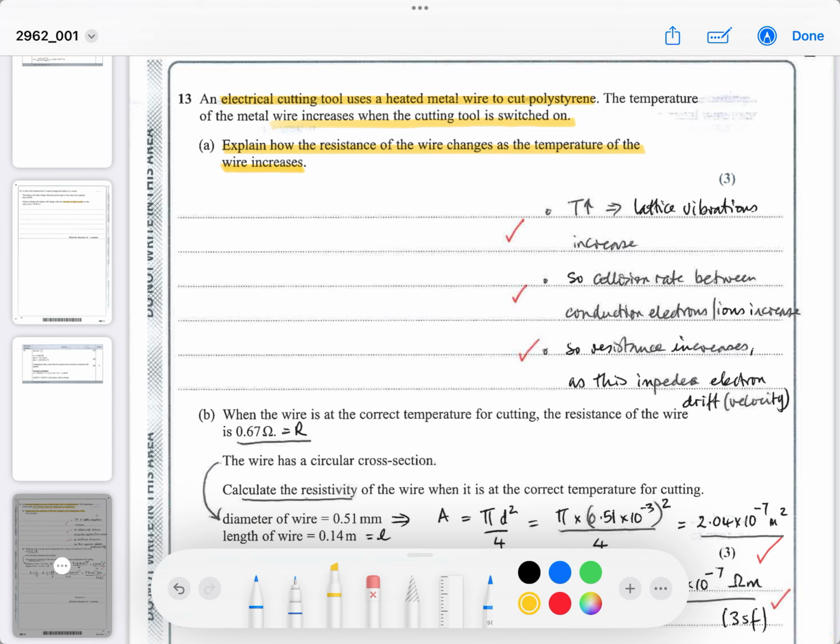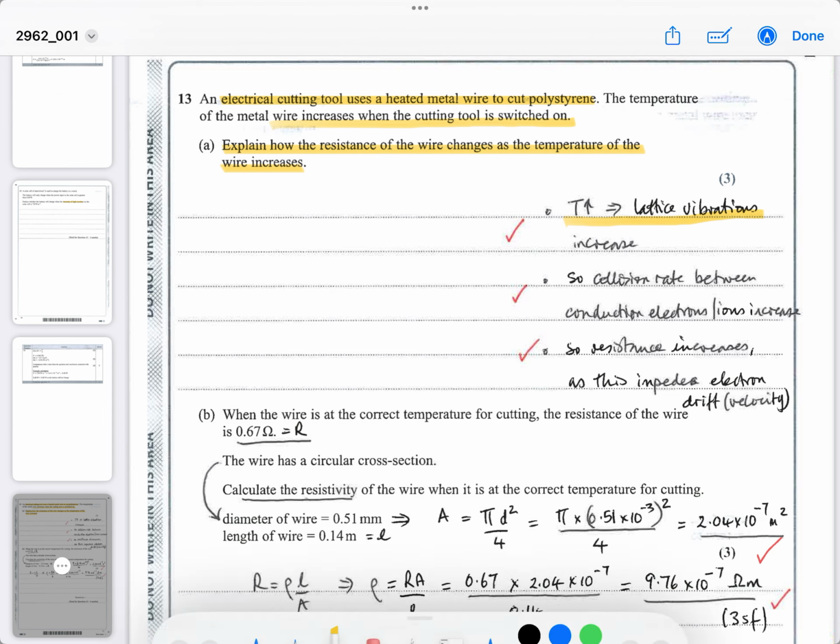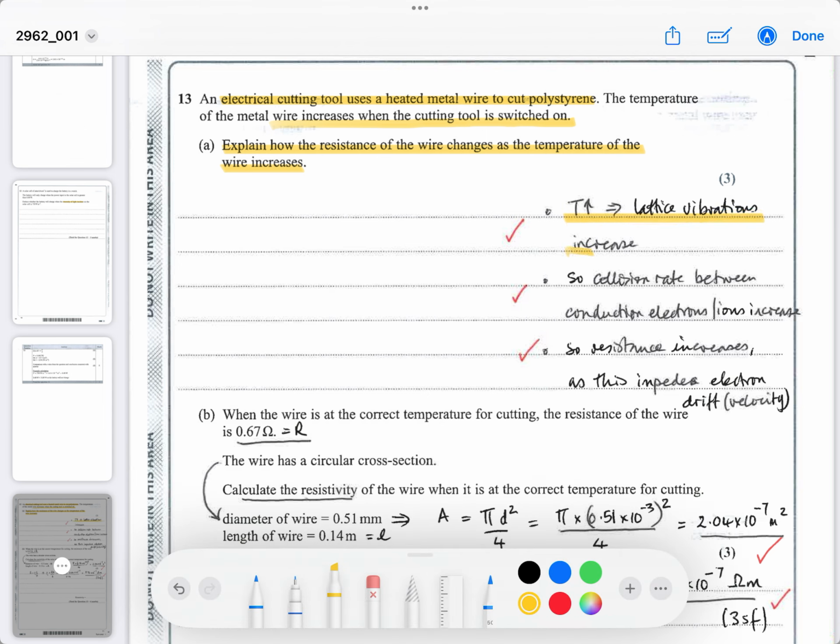Okay, so a wire normally would have a constant resistance if the temperature doesn't increase. So when you're doing the component of a wire or a fixed resistance, normally we say it's ohmic. But if you let it get too hot, it will become non-ohmic, and it has a temperature coefficient, just like a thermistor does, except the resistance increases with temperature. Why? Because if you increase the temperature, the lattice vibrations will start to increase.